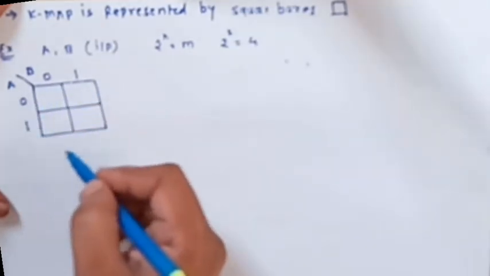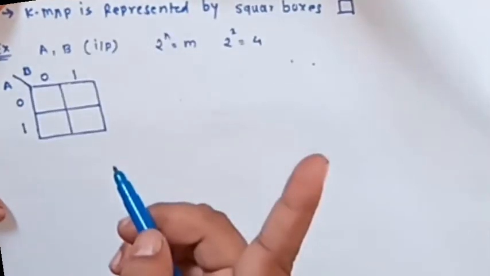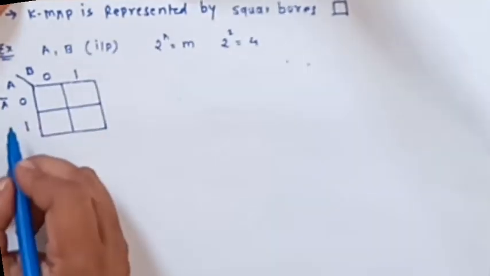Suppose we represent this K-map for an SOP equation. At that time 0 will be referred to as A bar. The value of A is 0, so it is referred to as A bar in case of an SOP equation.